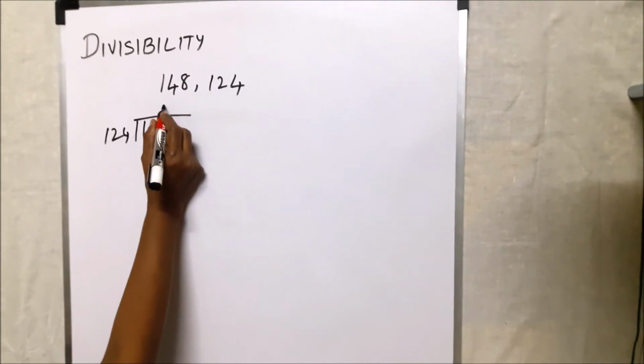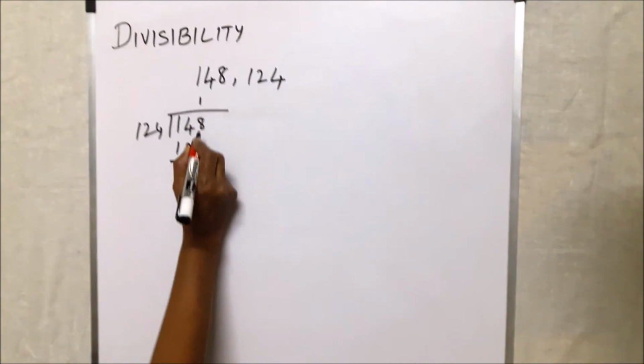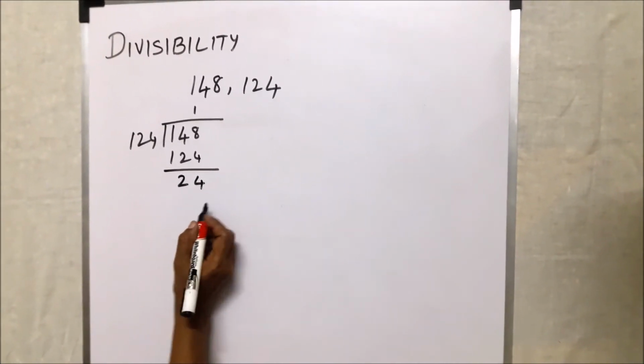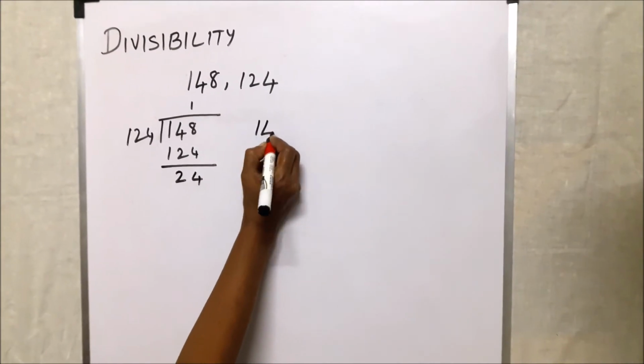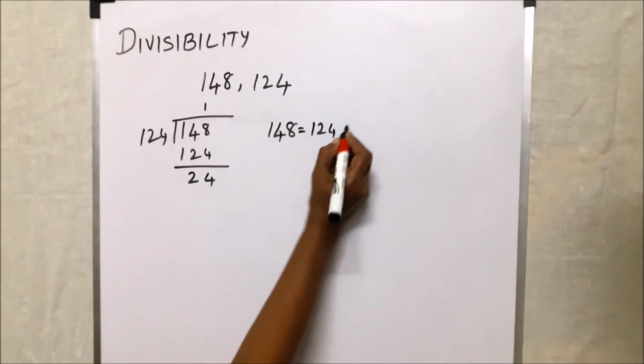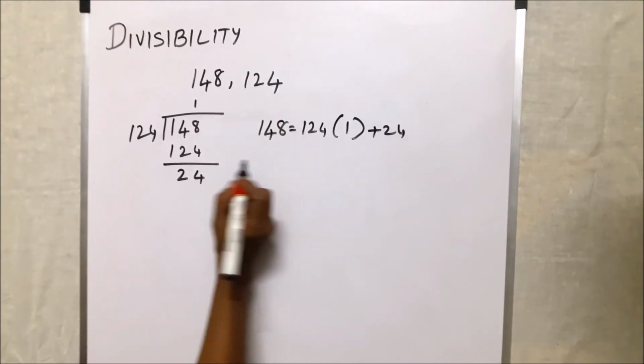How many times does this go? It goes one time. Now what is the remainder? It is 24. So we can write 148 is equal to 124 into 1 plus 24.